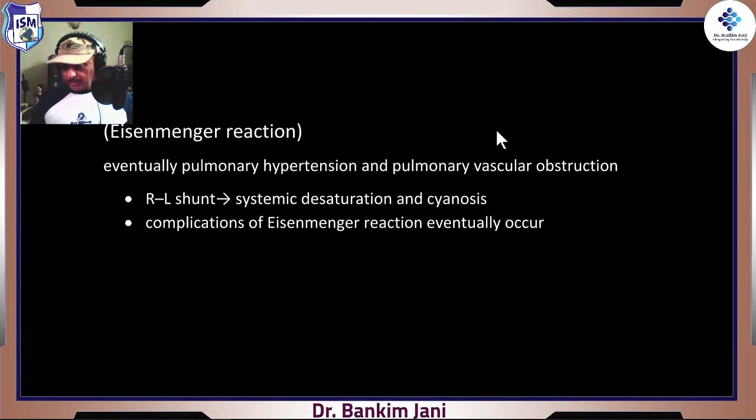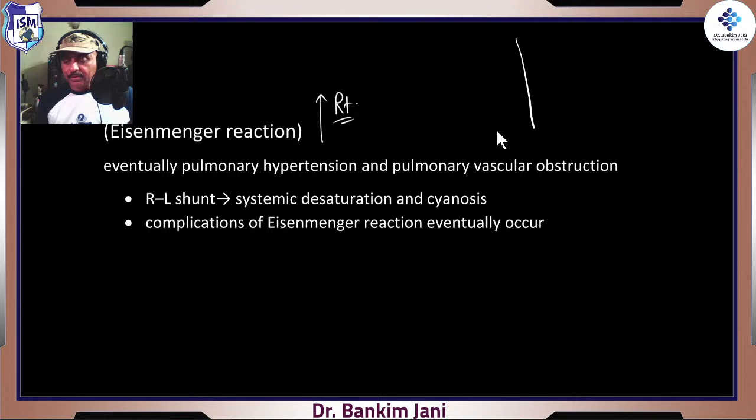This is what we were talking about, Eisenmenger complex. So eventually there would be pulmonary hypertension. That's what we said, that there would be a rise in the pressure on the right side, right? And this pulmonary hypertension and pulmonary vascular obstruction, because there is so much blood now getting deposited over there, right? It is moving slowly, but it is rising in its pressure. Right to left shunt starts, and this leads to systemic desaturation and cyanosis.